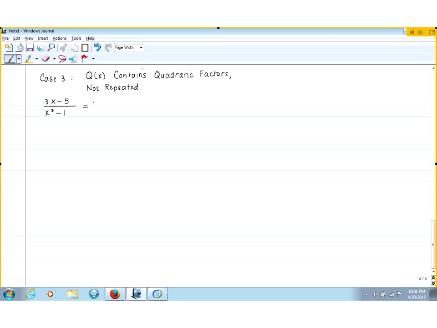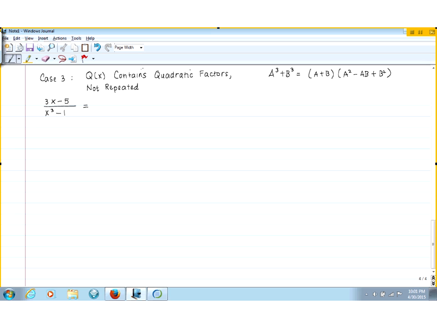Now, here you have to remember how to factor x cubed minus 1. We will use these two formulas. I hope you remember: a cubed plus b cubed is a plus b times a squared minus ab plus b squared.